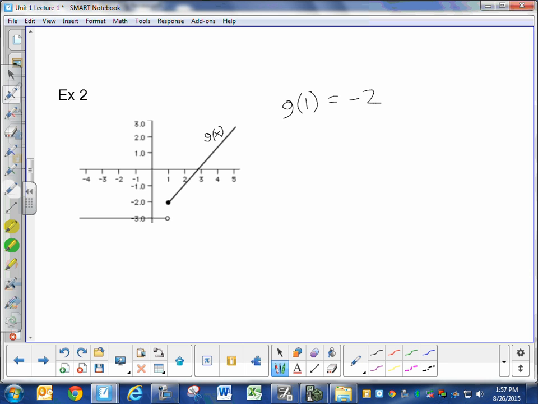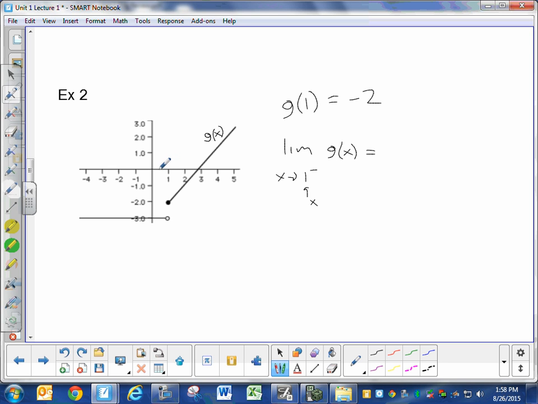But let's talk about the limit around 1. Let's talk about the limit as x approaches 1 from the left of this function. Knowing that this 1 is an input, it's an x value, I'm going to be thinking about 1 and just to the left of 1 on my x-axis.